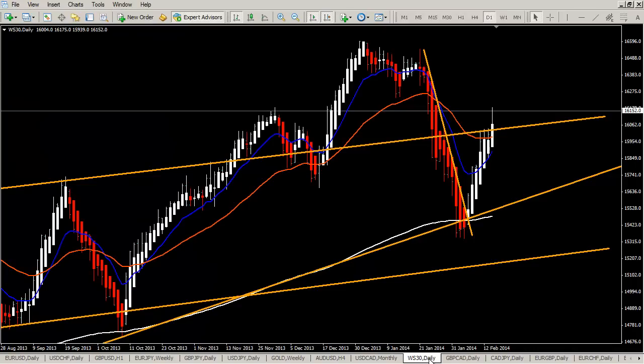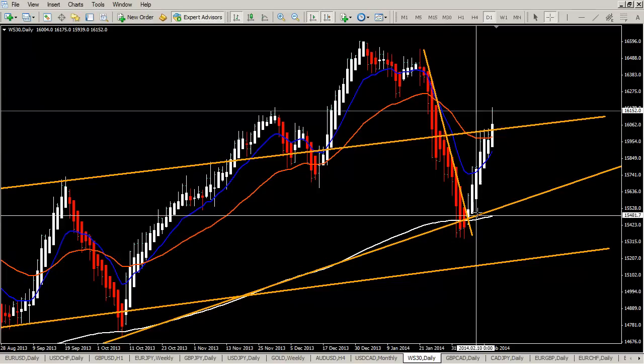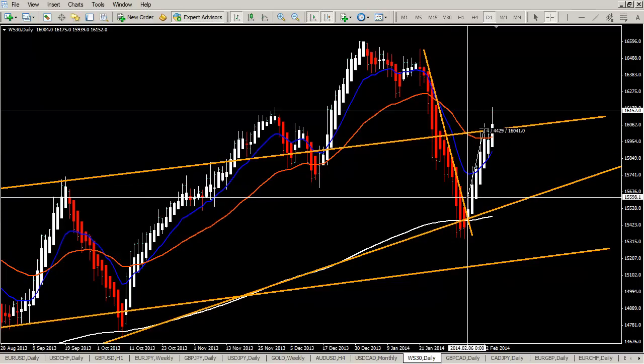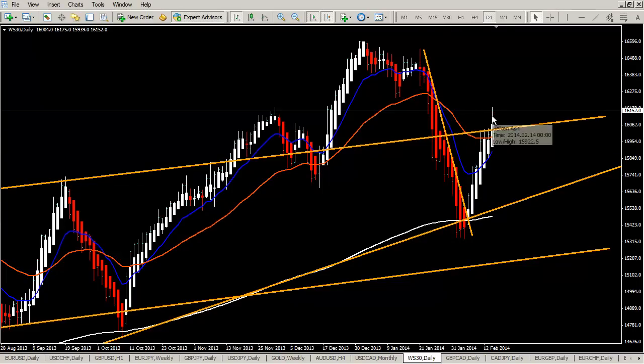And the Dow bounced on major support coming from the weekly chart on the 200 EMA, a classic bounce trade setup. It broke resistance now and moved above. As you can see on the daily chart, if this is trending, sometimes you don't even get a retracement. So bounce trades are good on the Dow on the daily chart.